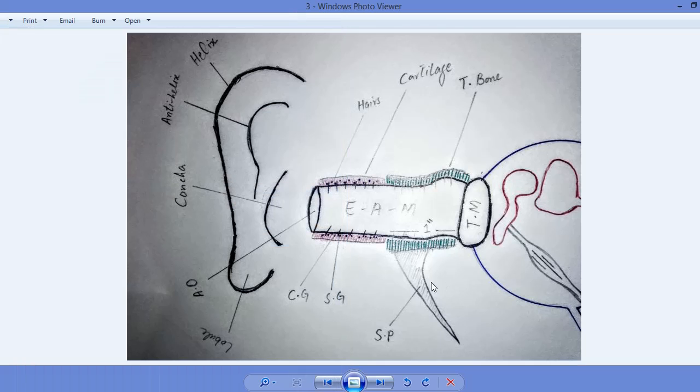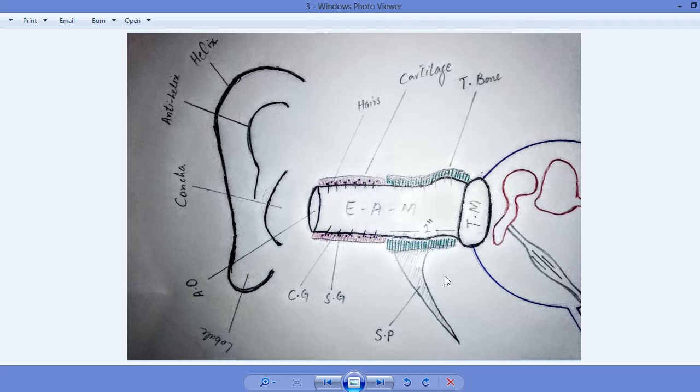This is a modified form of the temporal bone. In some books, this is categorized under the temporal bone, but this is not temporal. This is a separate bone which is attached to the temporal bone, and this is the styloid process.